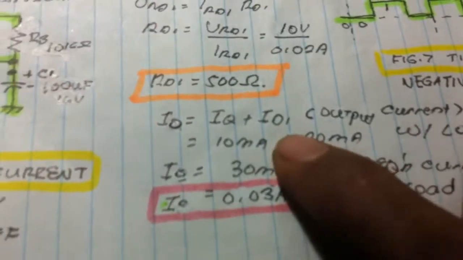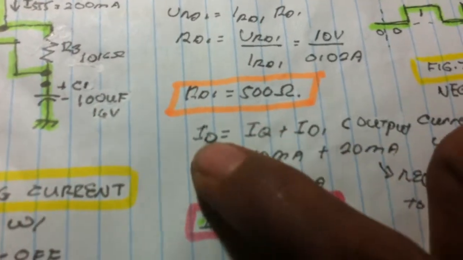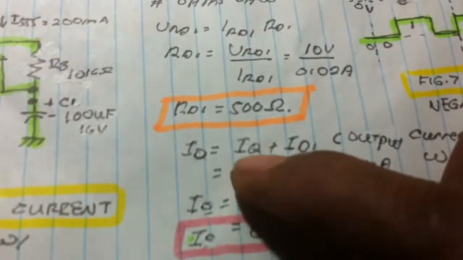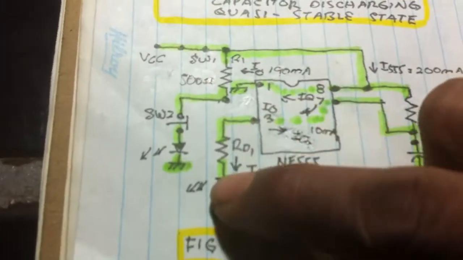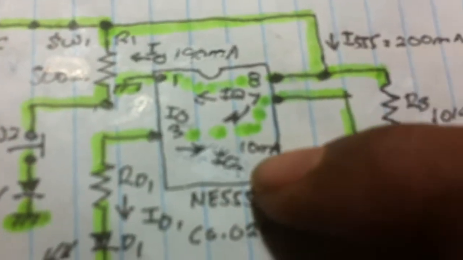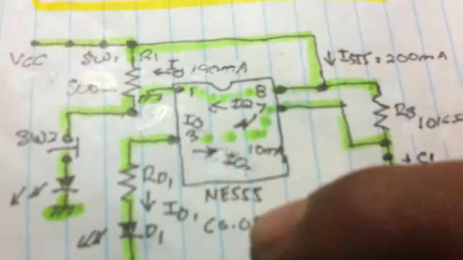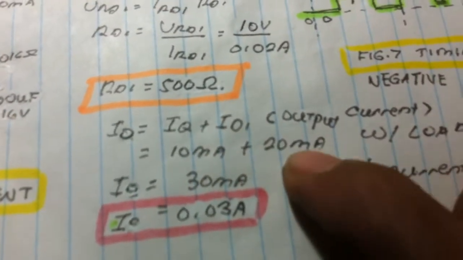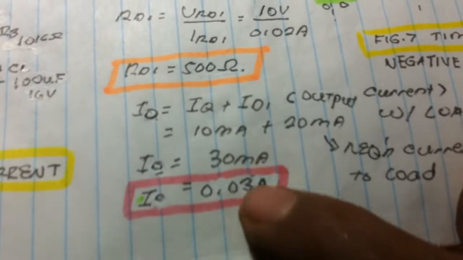But with the load, we can compute that using this formula. Current output to the load, pin number 3, is equal to IQ, the quiescent current, plus the load current. As you have seen here, IQ is 10 milliamps. Output current is 10 milliamps plus 20 milliamps, which is 30 milliamps.